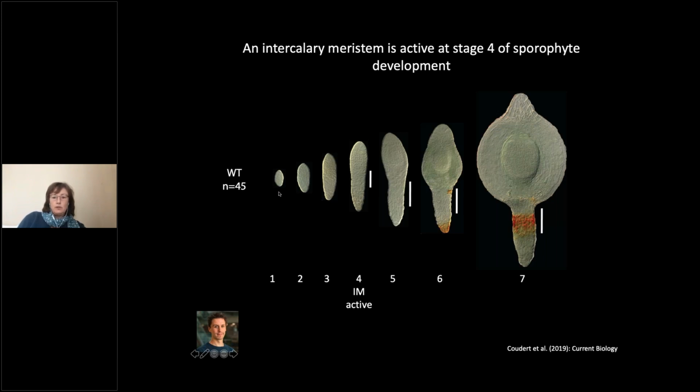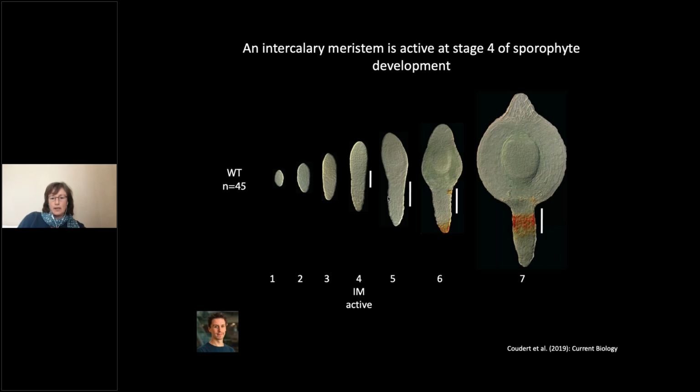In stage 2, the apical cells continue to divide, but derivatives are also dividing. In stage 3, the apical cells cease division, but derivatives continue to divide. In stage 4, where you've got the white line on the right-hand side of the embryo, there's a focus of proliferation that starts, and this is in the intercalary region, which is called the intercalary meristem.